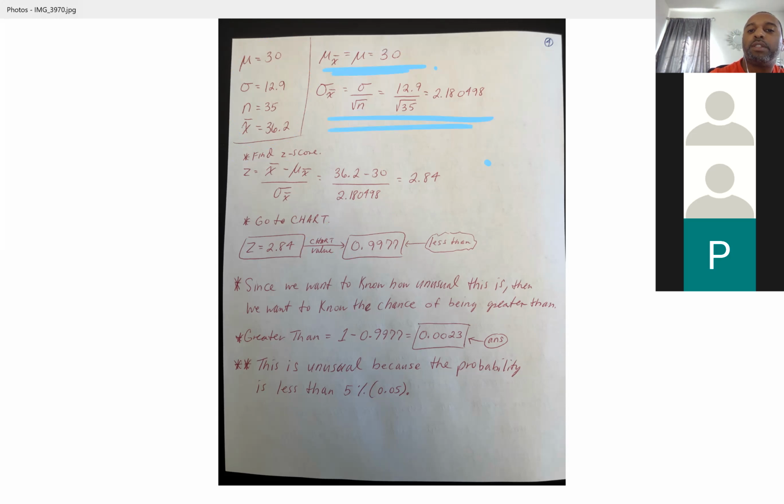The standard deviation of your sampling distribution is found this way. Use those two pieces to find your z-score. Then use your z-score to go to the chart and get your chart value. So before we see if we can help out Ms. Buffalo with a few of her questions, is everybody all right with 8.1?